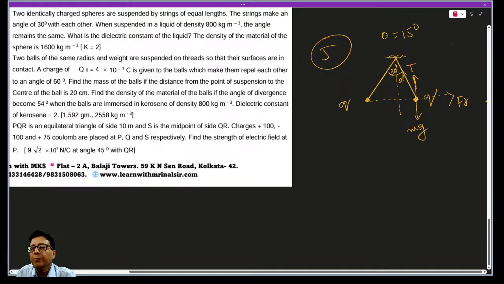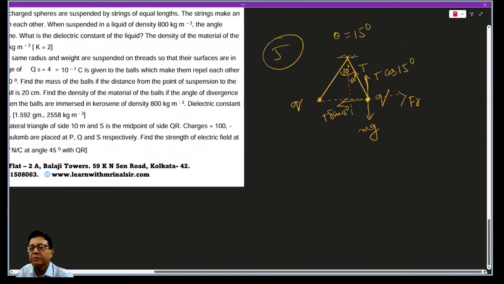That vertically upward how much? And this way T sine 15. Isn't it? The distance between them equal to R. So this part will be R by 2. Length of strings be L each.